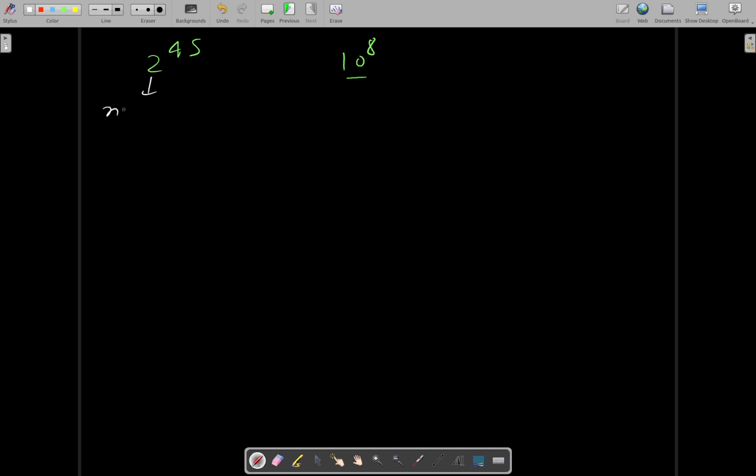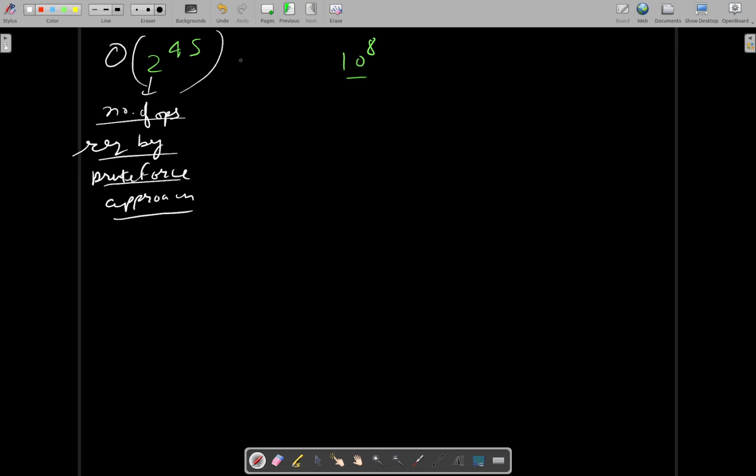So the number of operations required by the brute force approach will be of the order of 2 raised to power 45, and it is very much greater than the 10 raised to power 8 operations limit.